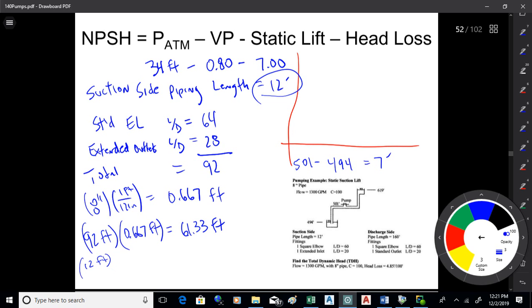One piece of advice they give you is to minimize the fitting length on the suction side because of this effect. We only got 12 feet of pipe, but with all those fittings, we get quite a bit more equivalent length of pipe that we're going to have to figure out head loss for. Those fittings get us from 12 up to 73.33 feet.